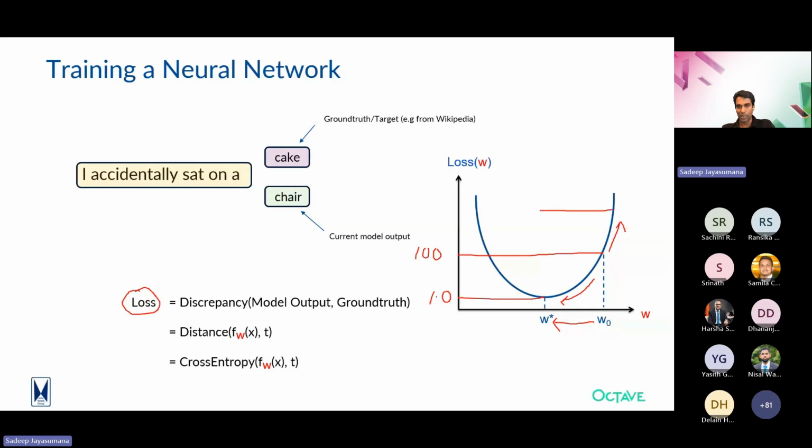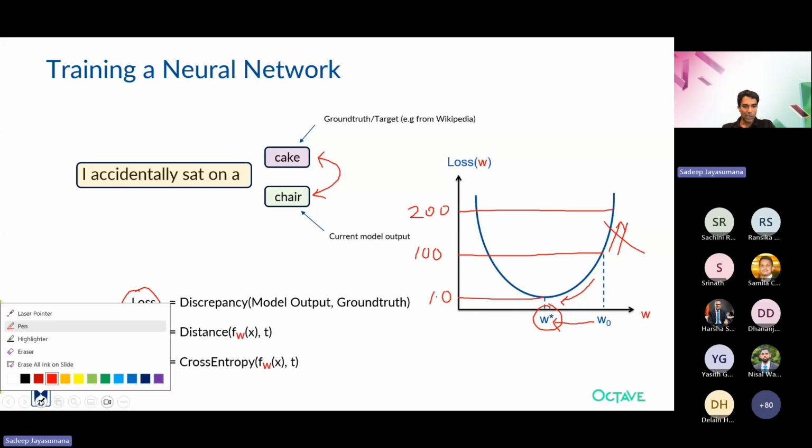Maybe it will become 200. That means you are getting further and further away from the human ground truth, and that's not something you want. You want to be as close as possible to the human output. So you don't want to go here, you want to go towards the optimal. So how do we do that?